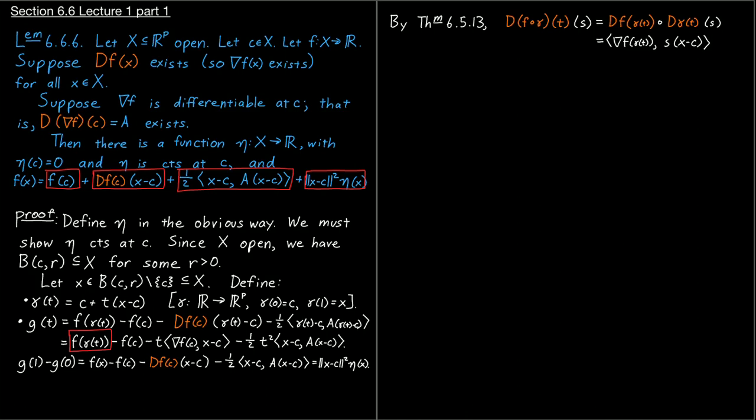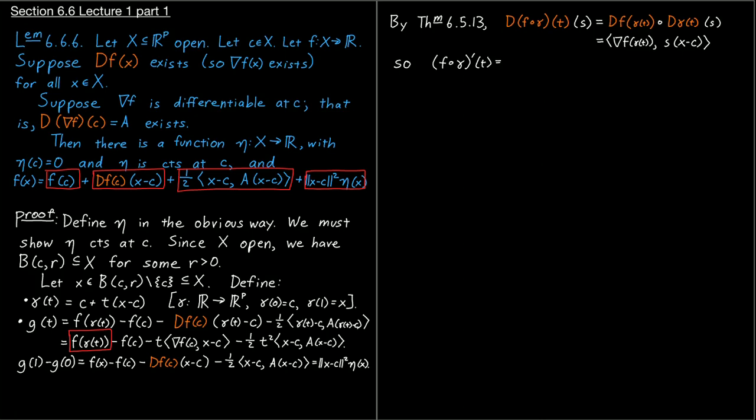So if we write this in terms of f composed with gamma prime of t, remember that df composed with gamma is the linear operator that multiplies by f composed with gamma prime.